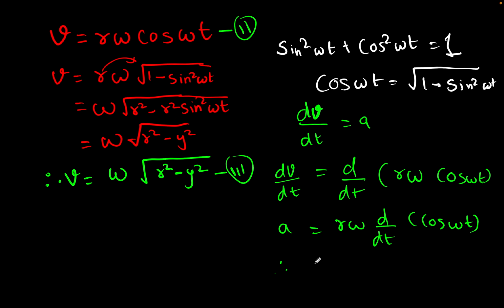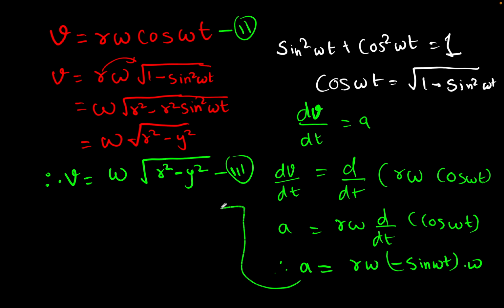So I'll just write this down directly. So a is equal to r omega times minus sin omega t, times the derivative of omega t with respect to t, which is omega.